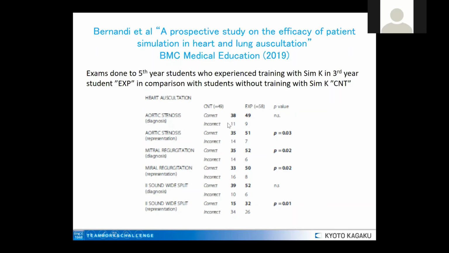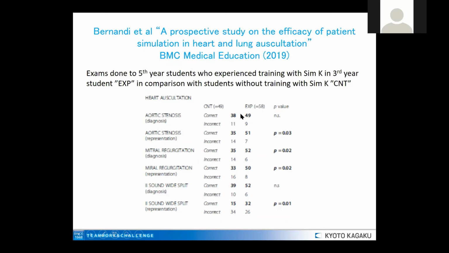And you can see that here on the left, we have the people that didn't use the simulator, and on the right, we have the people that really did use our simulator.